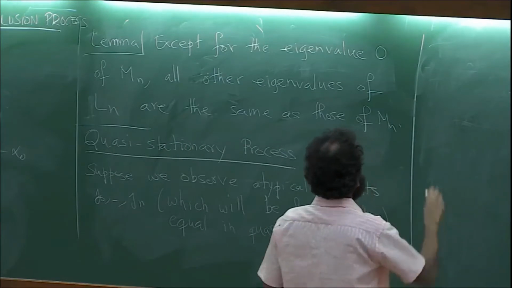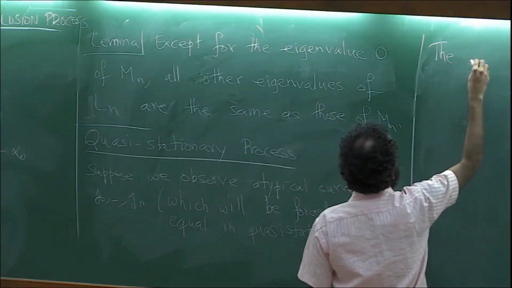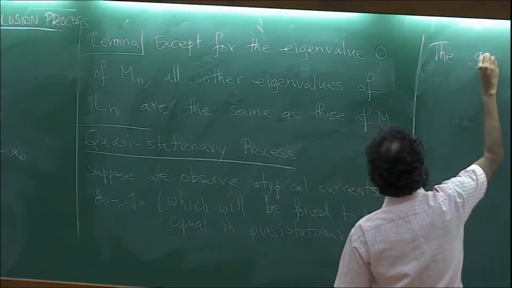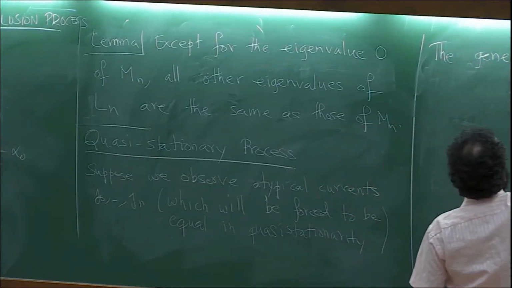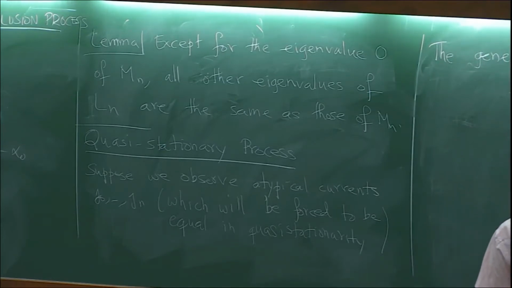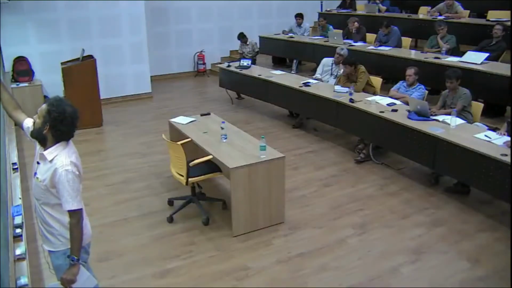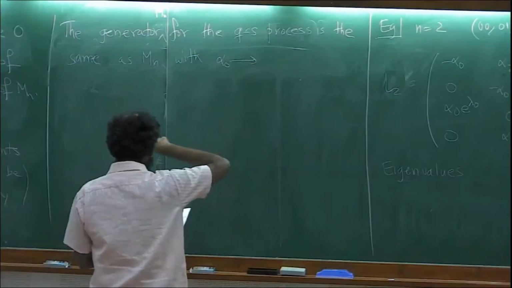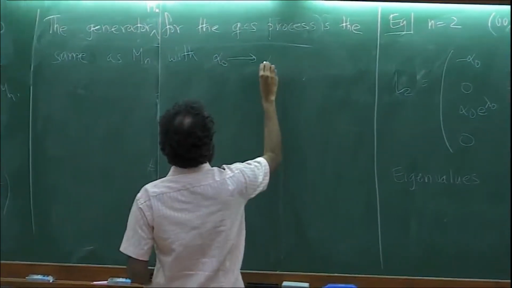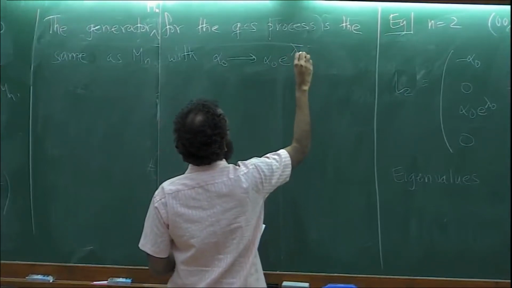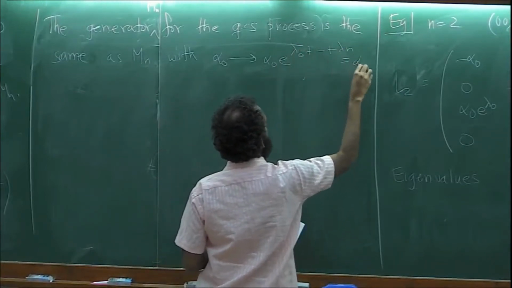Then the generator for the quasi-stationary process, let me just write QS, let's say Mn prime, is the same as Mn with alpha naught replaced by alpha naught e to the lambda naught plus up to lambda, which I can call alpha naught prime.